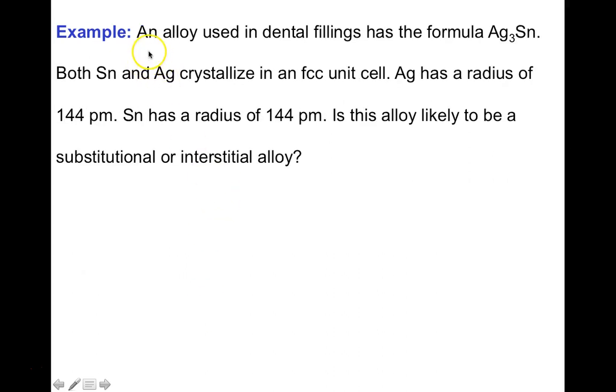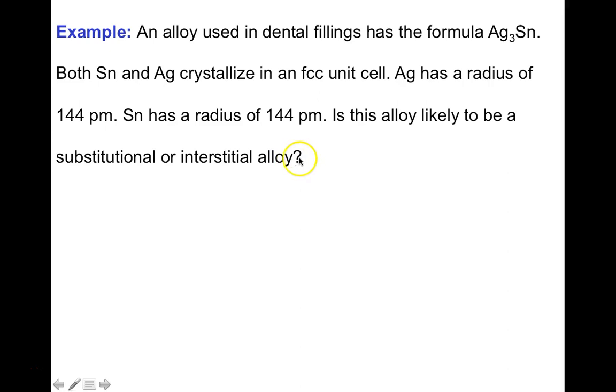Here's another one. It says an alloy used in dental fillings has the formula Ag₂Sn. So it looks like there are 4 atoms per unit cell. Both tin and silver crystallize in a face-centered cubic unit cell. Silver has a radius of 144 picometers and tin also has a radius of 144 picometers. Is this alloy likely to be substitutional or interstitial?